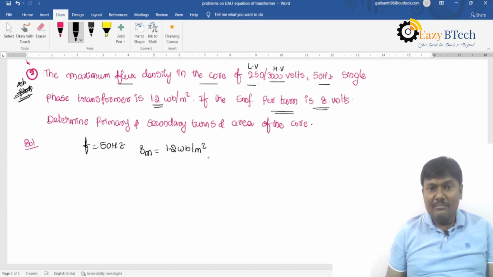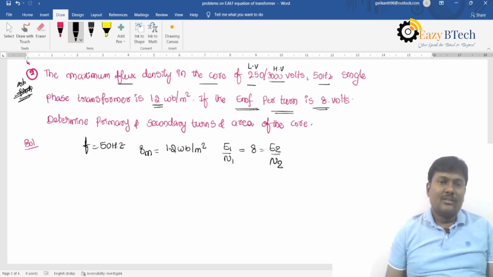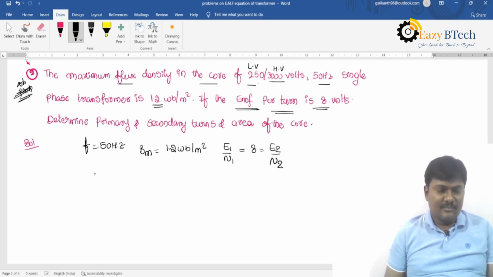The E.M.F per turn is very important. The E.M.F per turn means E1 by N1, or E by N, is equal to 8. That should be equal to E2 divided by N2. We already derived E1 by N1 is equal to E2 divided by N2. Determine the primary and secondary turns, that means N1 is how much and N2 is how much.